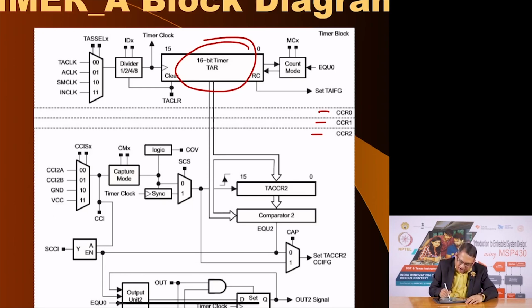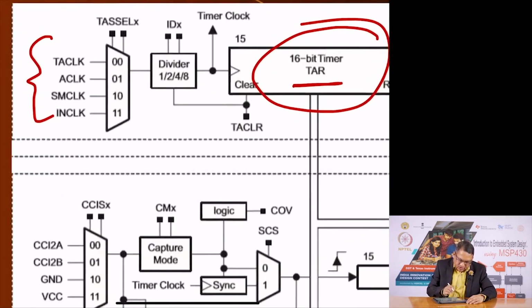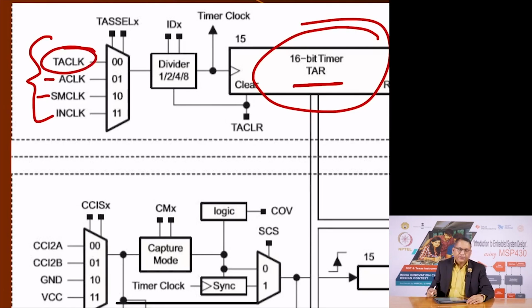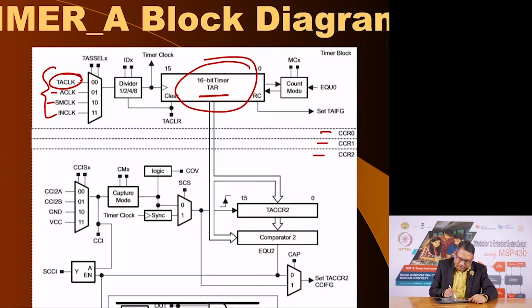For this counter, although it says it is a timer, as I mentioned, the basic building block is a counter. The clock of the timer can be derived from these sources. As you see here, you can have the A clock, auxiliary clock, or you can have SM clock, and the TA clock in this case is actually a pin, which means the signal of the pin is used to clock the counter, and this feature can be used when you want to count external pulses, when you want to count external events.